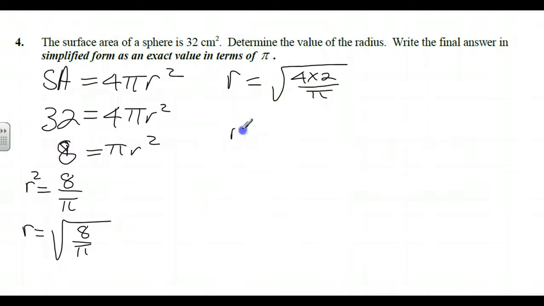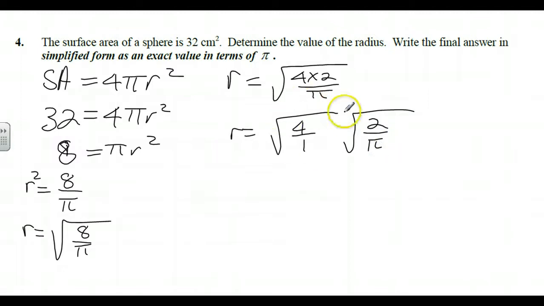And now we want to split that out. We want the perfect square. So I'm going to write this as 4 over 1 and 2 over pi. This has a square root. This does not. So it's 2 root 2 over pi, radical, simplified, exact value, terms of pi, centimeters, because that's a radius.